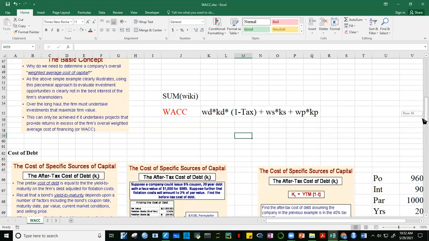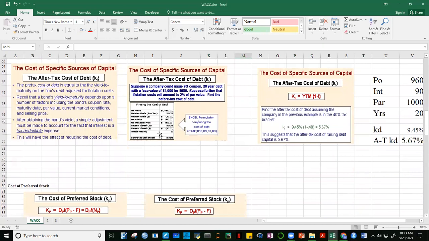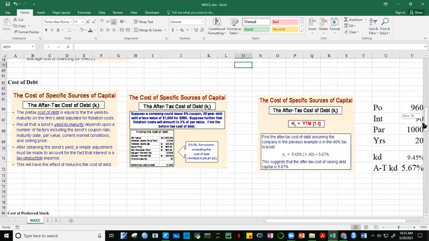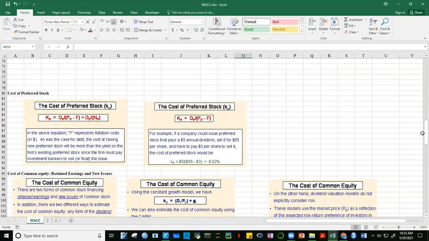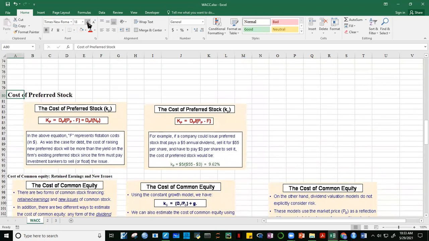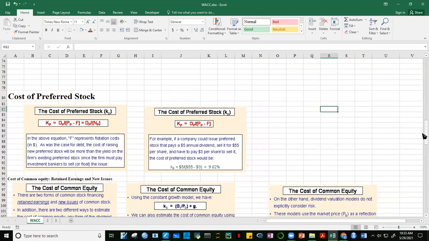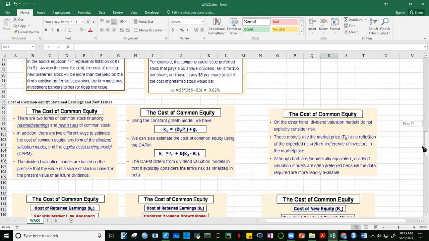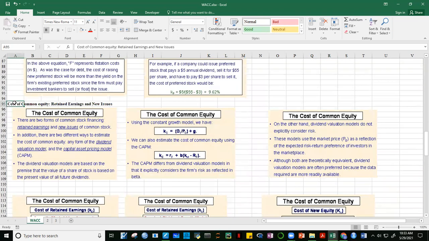Okay, so dito makikita natin, guys, how to compute for the cost of the debt. Tapos dito naman yung for the cost of the preferred stock. Okay, and this one, cost of common equity.